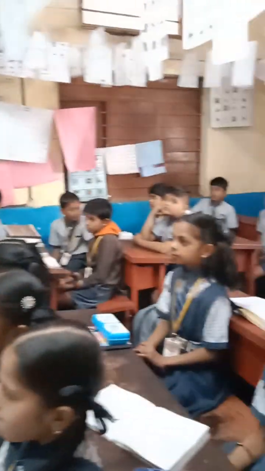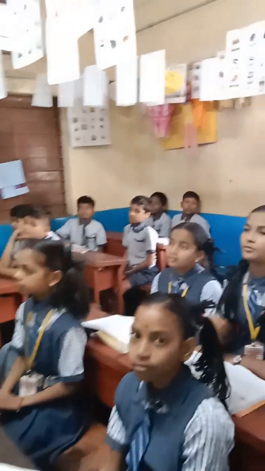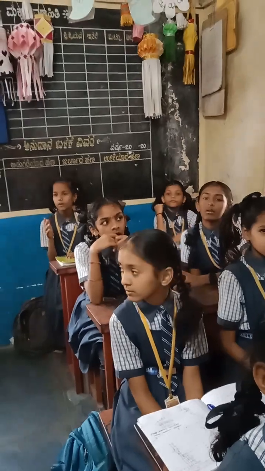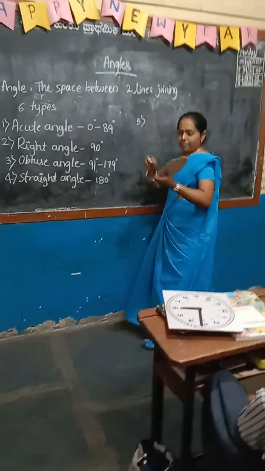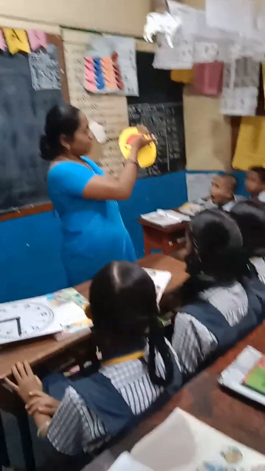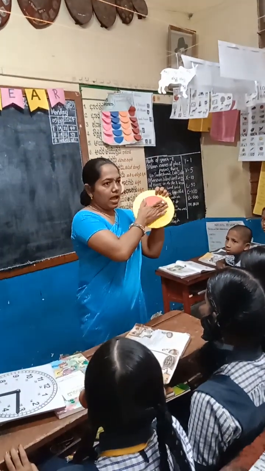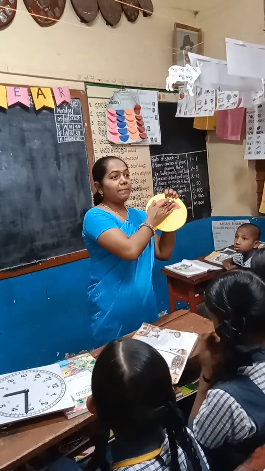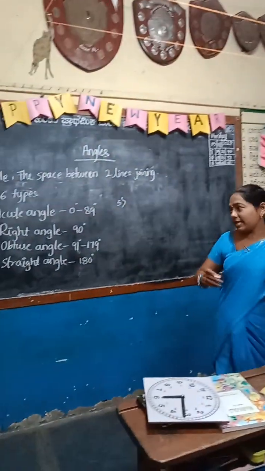So next, more than 180 degrees, starting from 181. What is it known as? Reflex. Means here it is reflexing. Here a half portion is there, so it is reflecting from here. Half portion is reflecting from 181 degrees, so for that purpose it is known as a reflex angle.